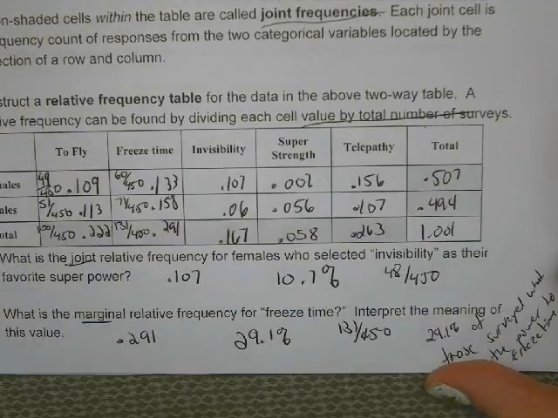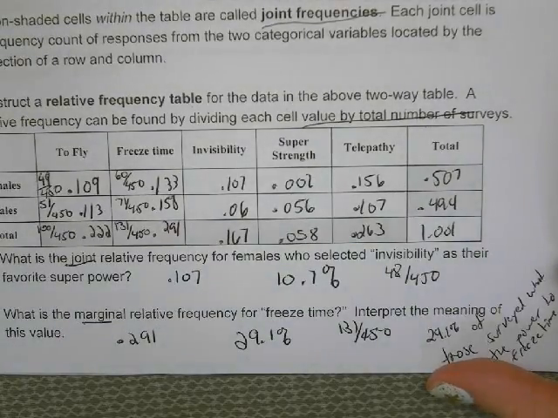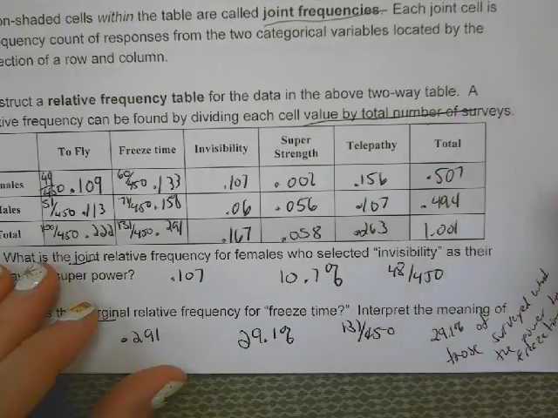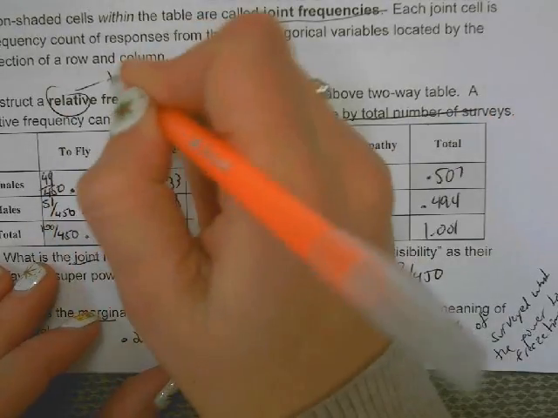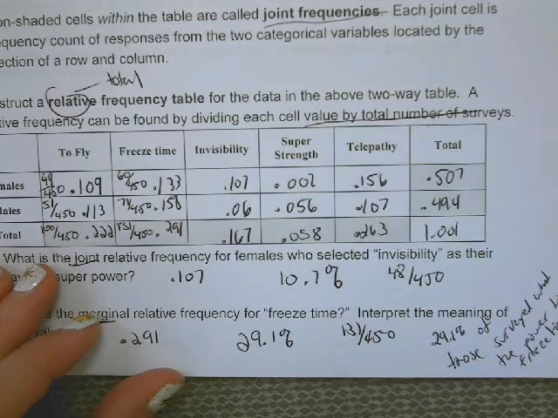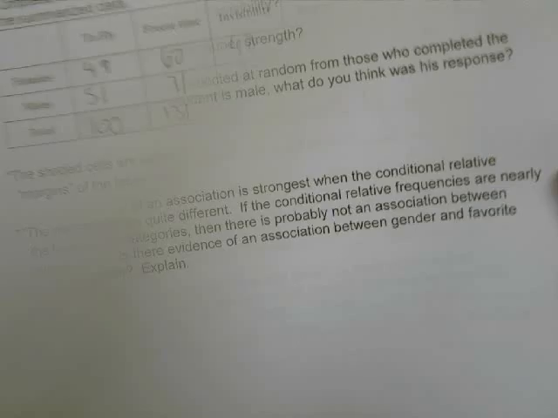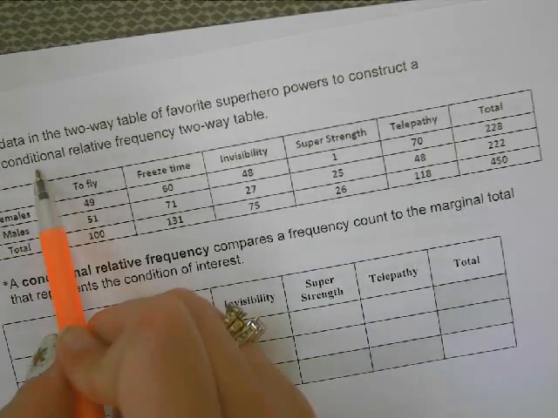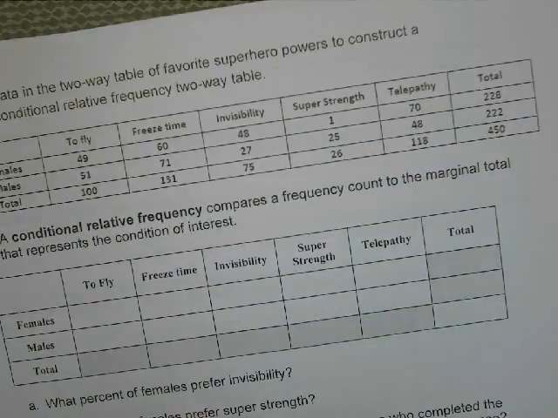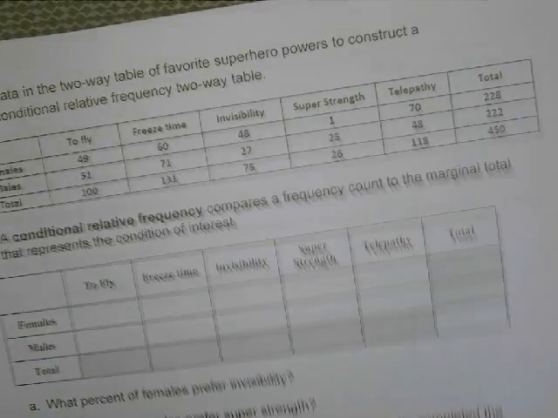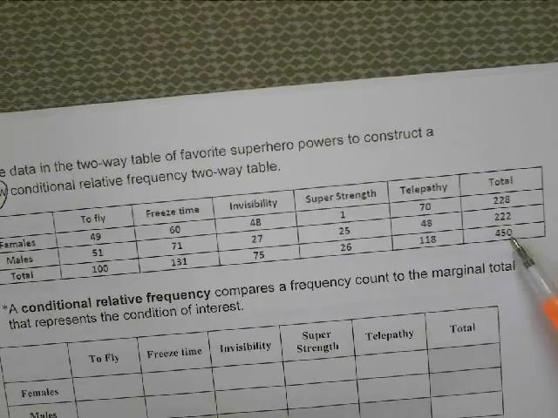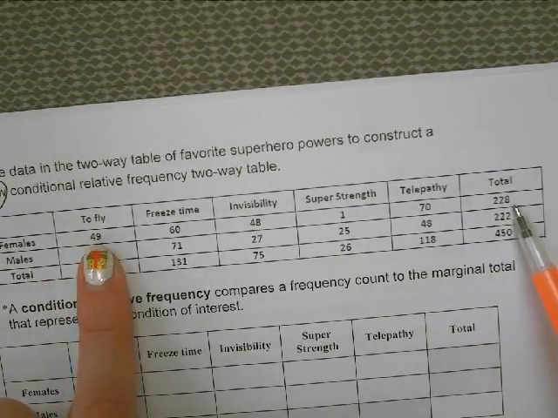Alright, what's next? Okay, so that's a relative frequency table. Relative is always the total. Okay, then we can put other conditions on it. We can make it a row conditional relative frequency or a column. So ours says row. So now instead of using the grand total, I'm going to use the row totals.